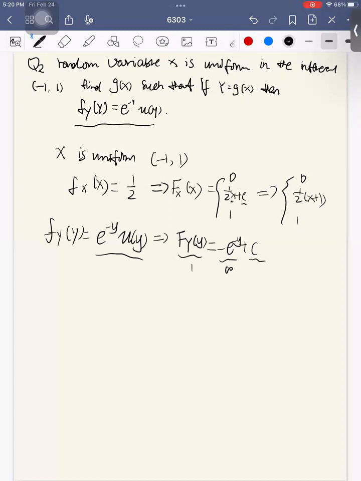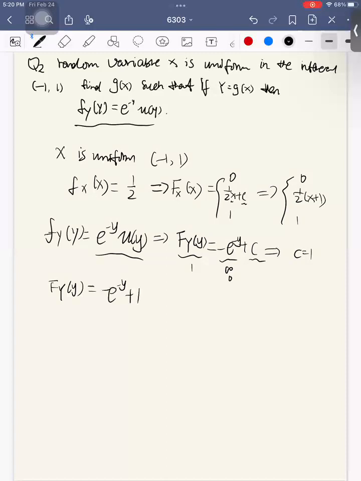Since when this thing tends to infinity, it will be 0, so 0 plus c needs to be 1. So the c in this case is 1. So now we can rewrite it again for the capital F_Y. The equation looks like this in here.